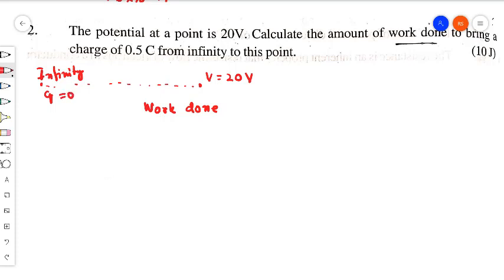Q is 0.5 coulomb. The work done W is equal to charge into potential. So here charge is 0.5, potential is 20. So this is 10 joule. So 10 joule of work is done to bring a charge of 0.5 coulomb from infinity up to that point.